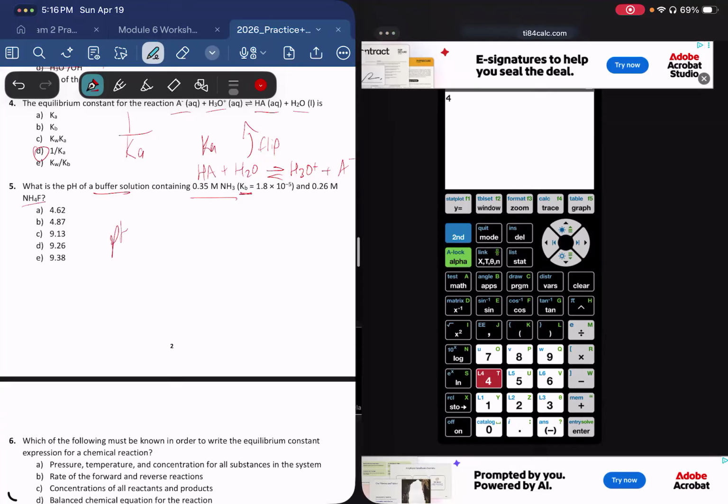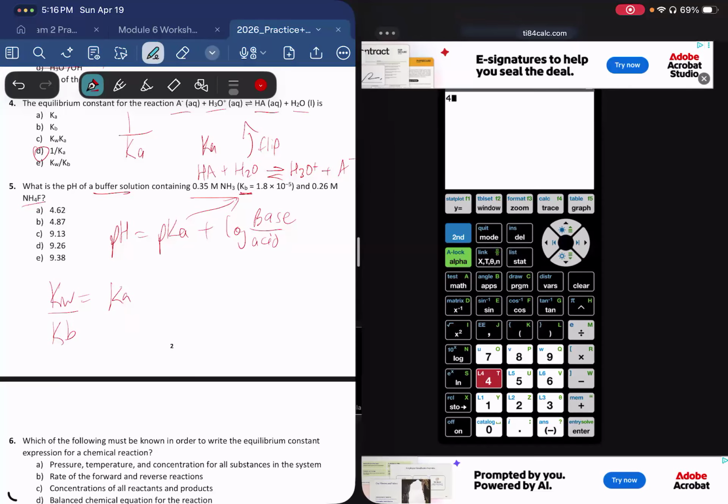In the formula for Henderson-Hasselbalch, pH equals pKa plus log of base over acid. So you need to find the Ka, which isn't so bad. Kw is equal to Ka times Kb, so you just divide Kw by Kb to get Ka.